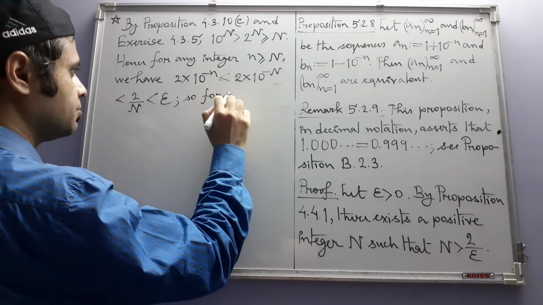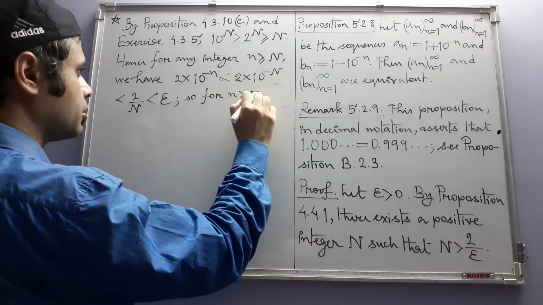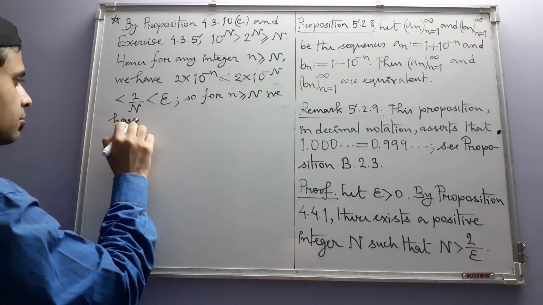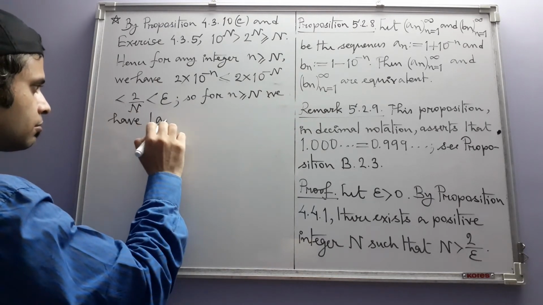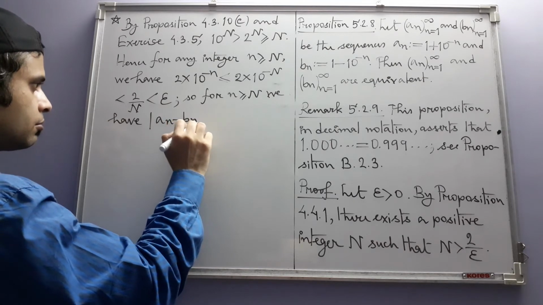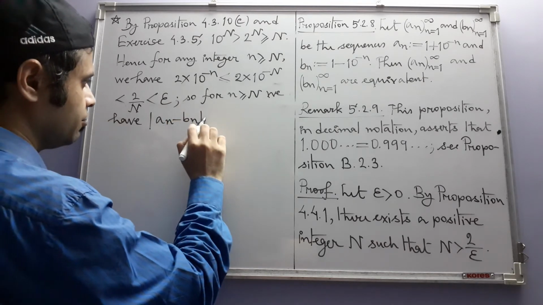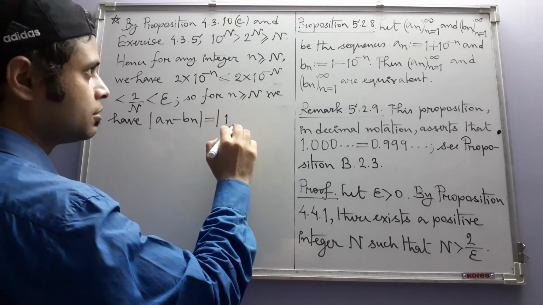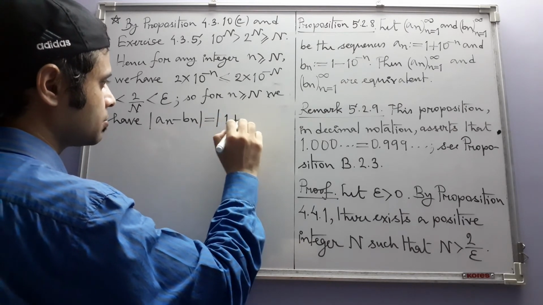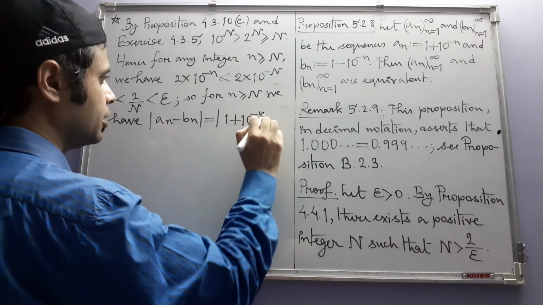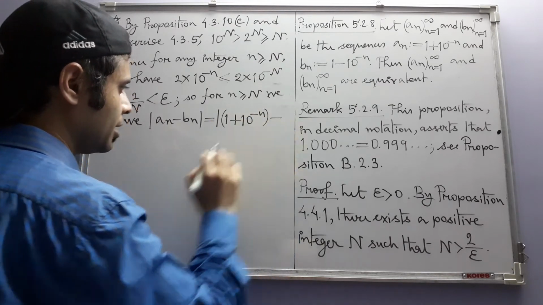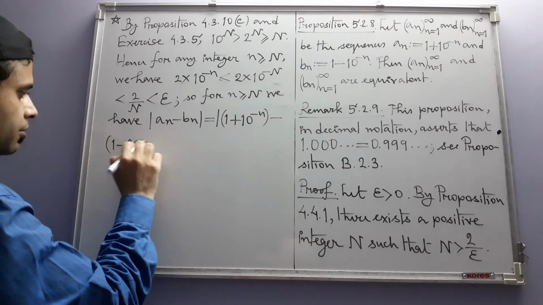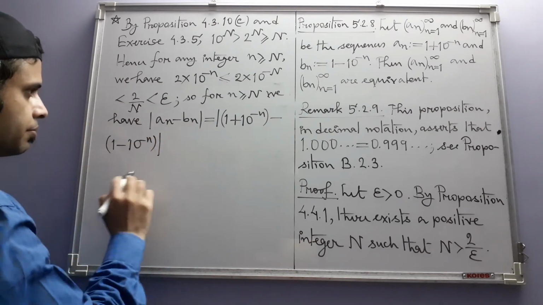So for n greater than or equal to N, we have this absolute value equal to, this is 1 plus 10 to the power minus n minus 1 minus 10 to the power minus n.